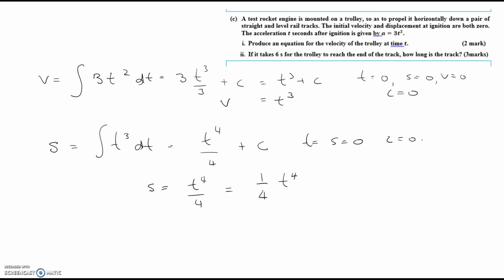How long is the track? Okay, we're told that it takes 6 seconds to reach the end of the track, so we need to find when t equals 6, s equals 1/4 times 6 to the power of 4, which would be 324 meters. Okay, easy, 5 marks.